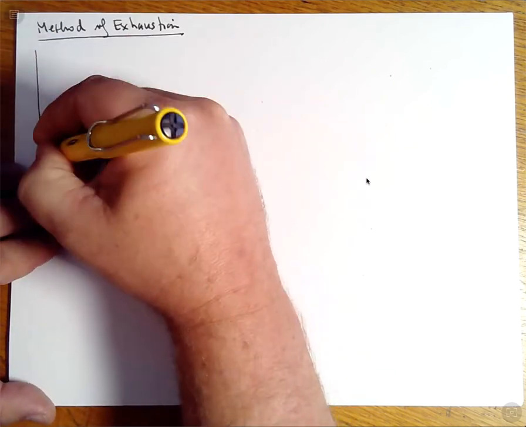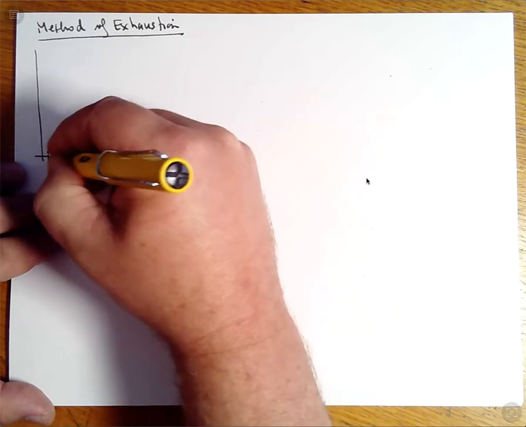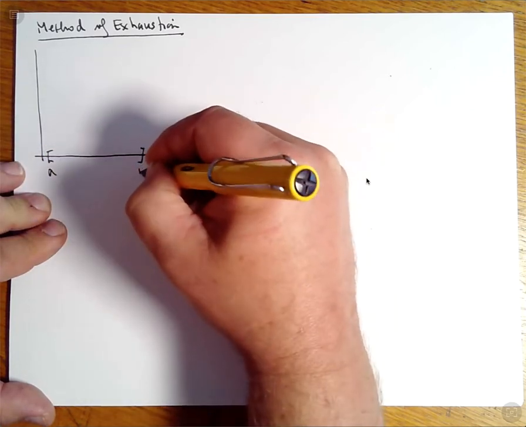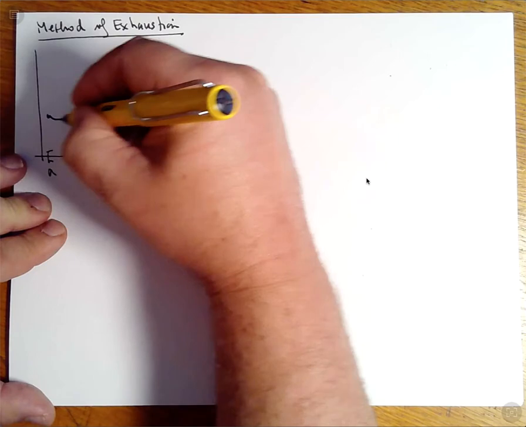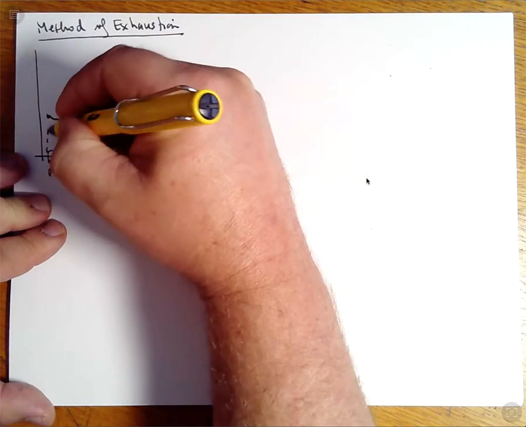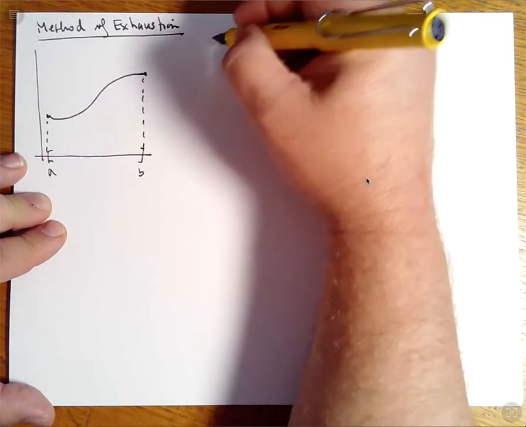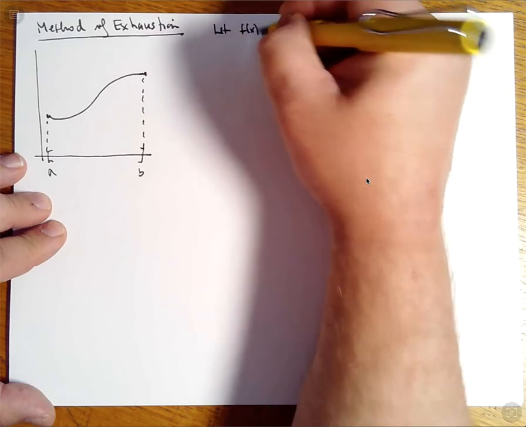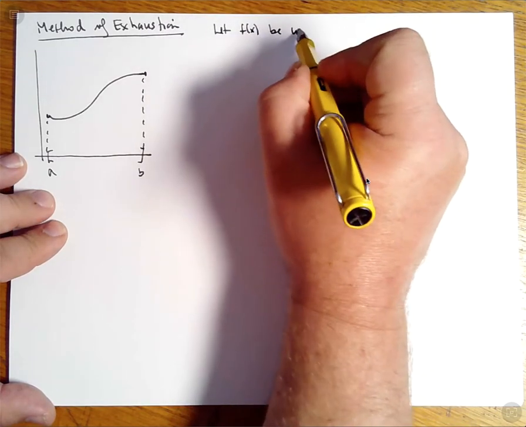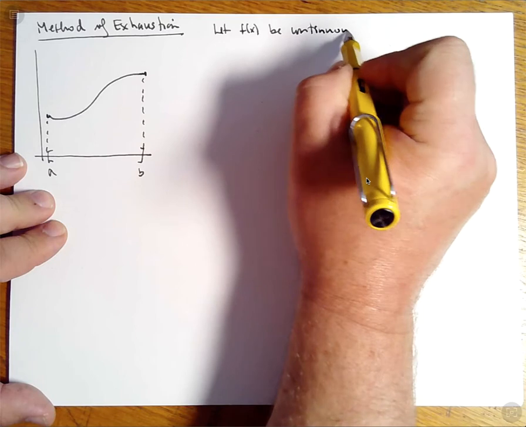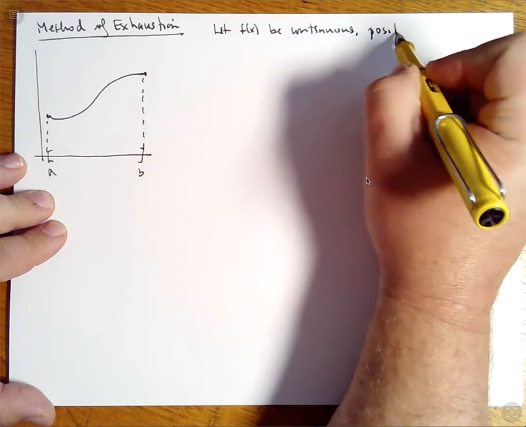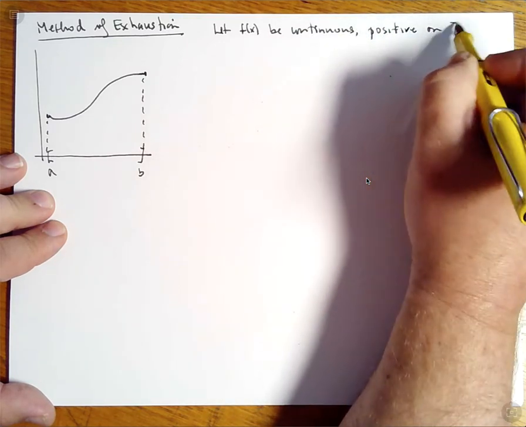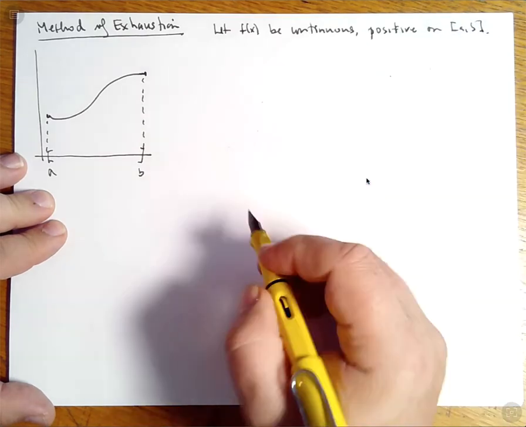I've been talking about this idea where we have a continuous positive function on an interval from A to B. And we want to solve the area problem for this.